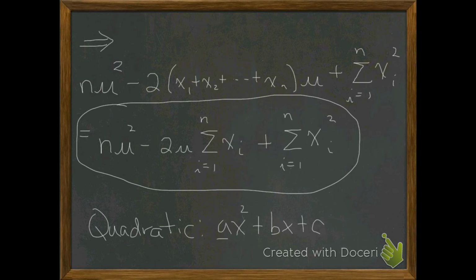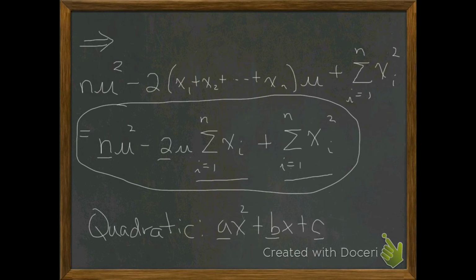So guys, obviously our a term is n. Our b term is 2 times the sum of the xi's. And our c term is the sum of our x sub i squared. And obviously our x is our mu.